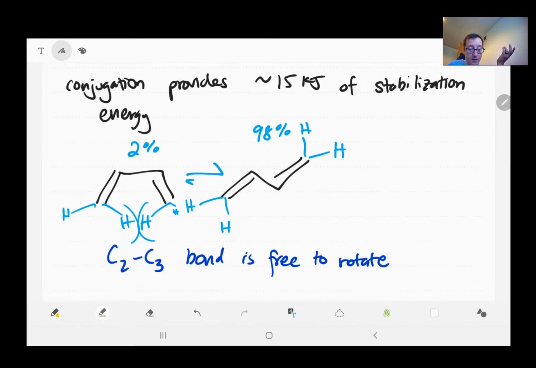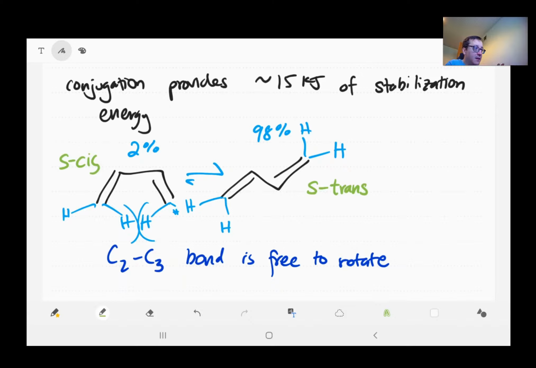So while there's free rotation, if we were to just take a snapshot at whichever particular rotational isomer it's in, we call this one S-cis, and this one S-trans. So, cis and trans, just like before, we have cis meaning same side, trans meaning opposite sides. Along that single bond, which is free to rotate, our double bonds cannot rotate, but our single bonds can.